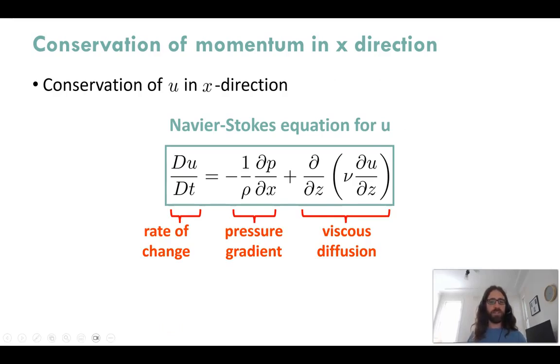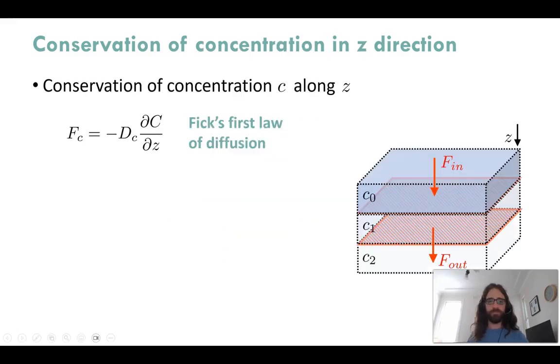So this conservation of momentum in the x direction results in what is known as the Navier-Stokes equation for the velocity component u. And it includes a rate of change component, which is essentially how the flow is going to accelerate, and then a contribution from the pressure gradient, which is an internal source of momentum, and then the net effect of molecular diffusion and its flux.